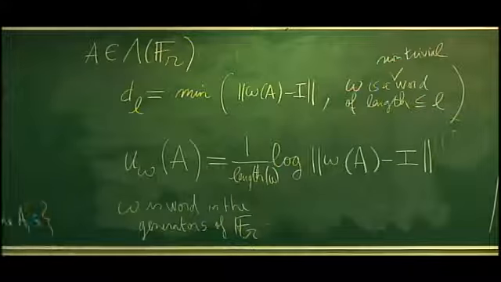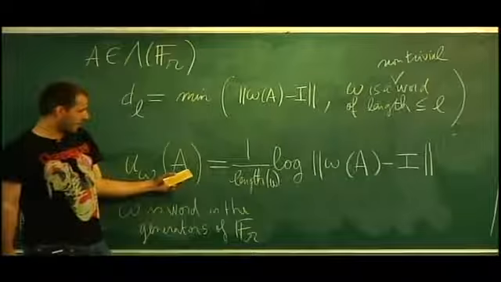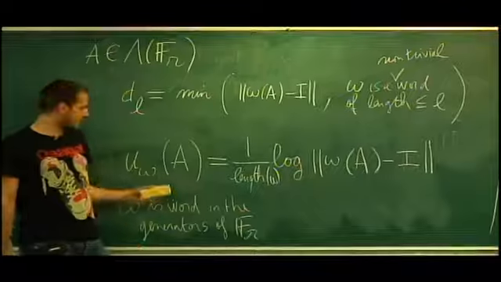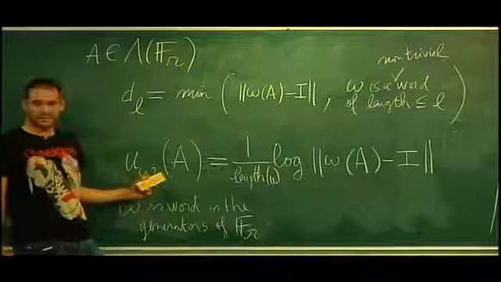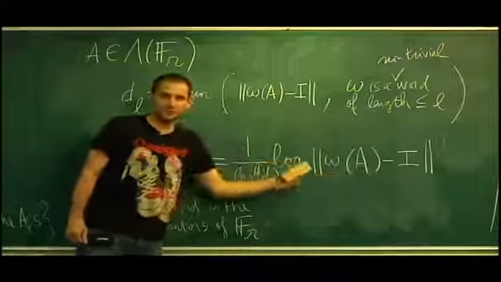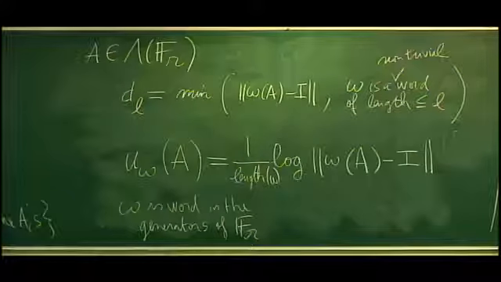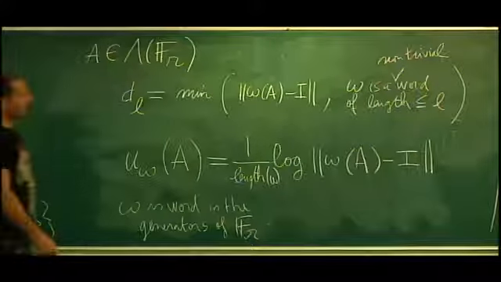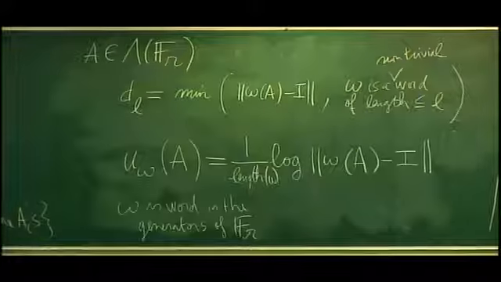So, of course, what we want to say is that for every word of length L, the set of elements A for which this function is too negative, which would correspond to the image of that word being close to the identity, is small.